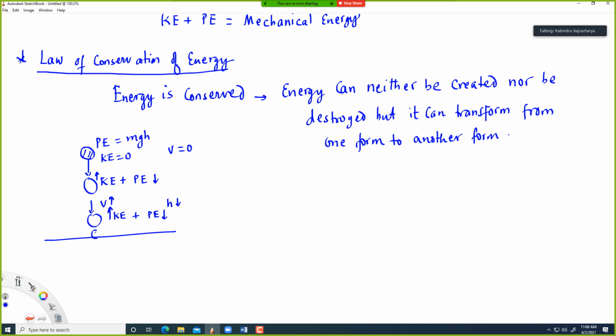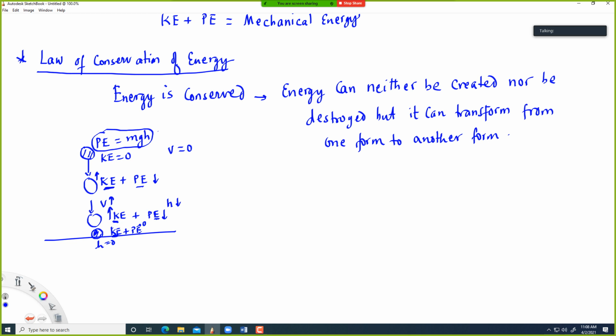And finally, before it hits the ground, the height is 0, so all the energy would be converted to kinetic energy. Potential energy would be 0. So initially, all the energy is in the form of potential energy, and then you have part kinetic, part potential, part kinetic, part potential, and then all kinetic.